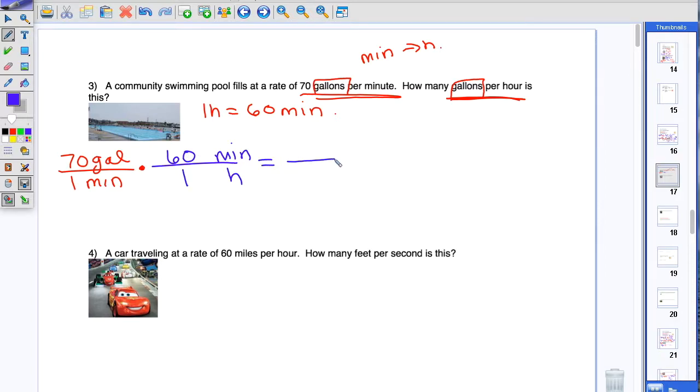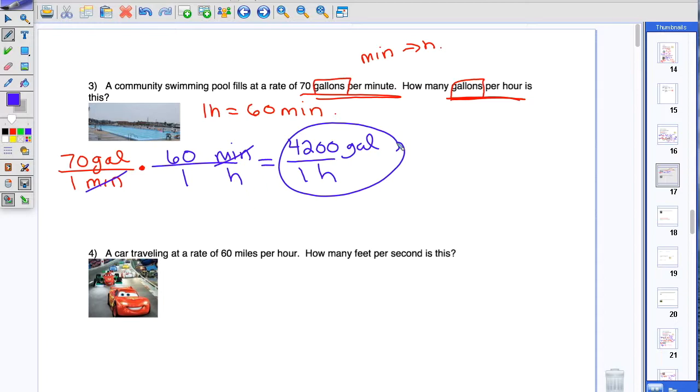Now multiply going across, so we end up getting 4,200, and then our units would be gallons because we're canceling out our minutes, and then our denominator would be 1 hour. So our final answer is already a unit rate. So if we were filling a pool 70 gallons per minute, it would take us 4,200 gallons per hour.